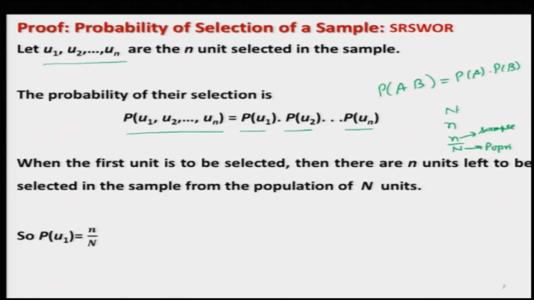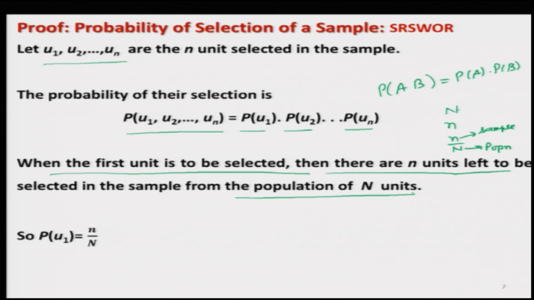So, this probability is small n upon capital N. Now, I can extend this rule. How? First, we observe that when the first unit is to be selected, there are a small n number of units left to be selected, which I want to select out of the population of size capital N.